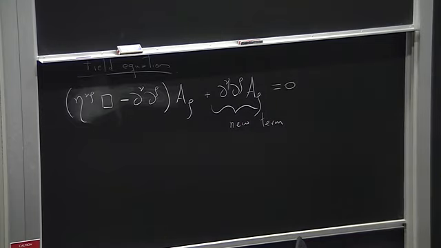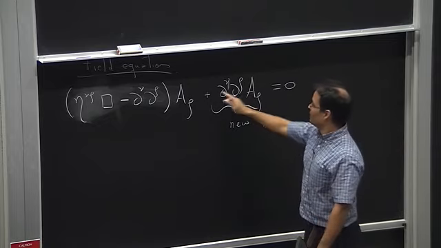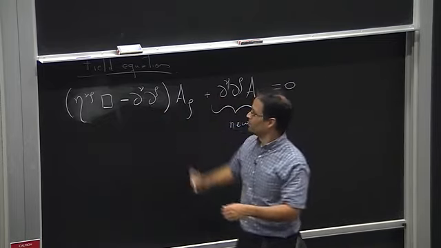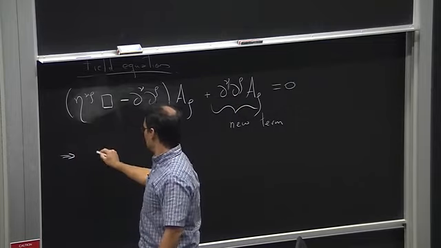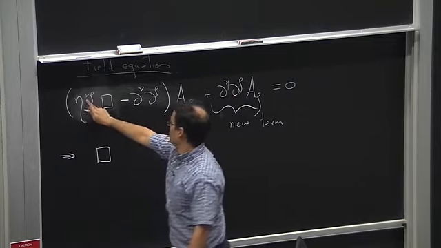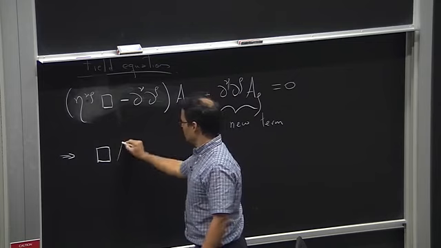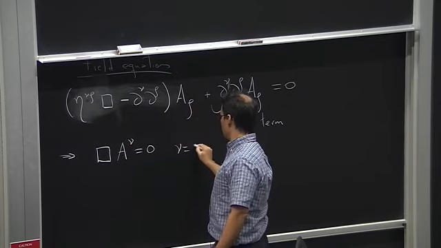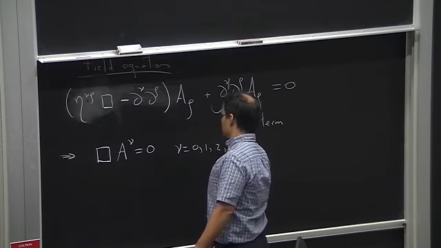Okay? So the job of the new term, precisely if we choose lambda to be 1, is to cancel this term. And this implies that we get as equations just this, which is the same as box A nu equals 0 for nu 0, 1, 2, and 3.